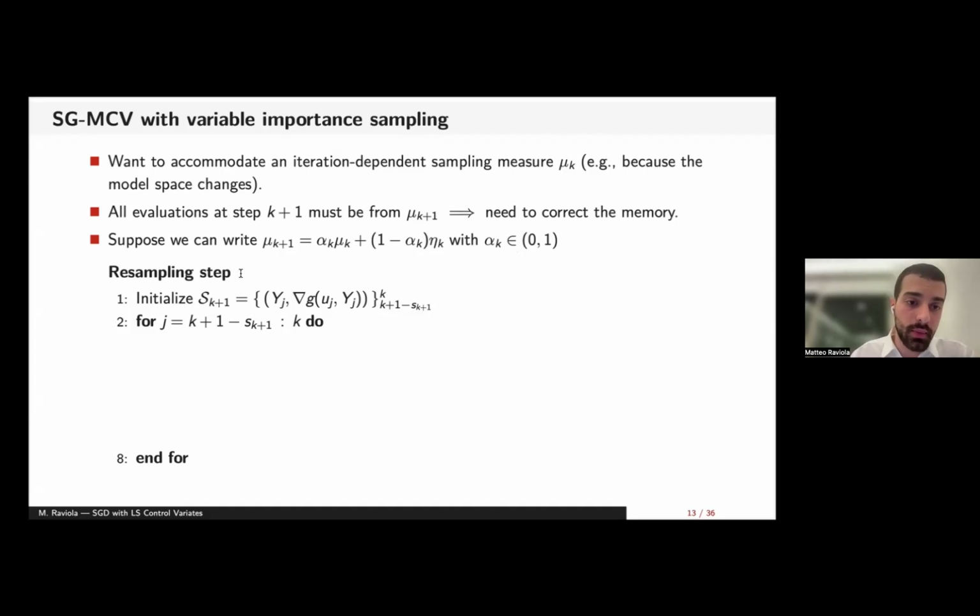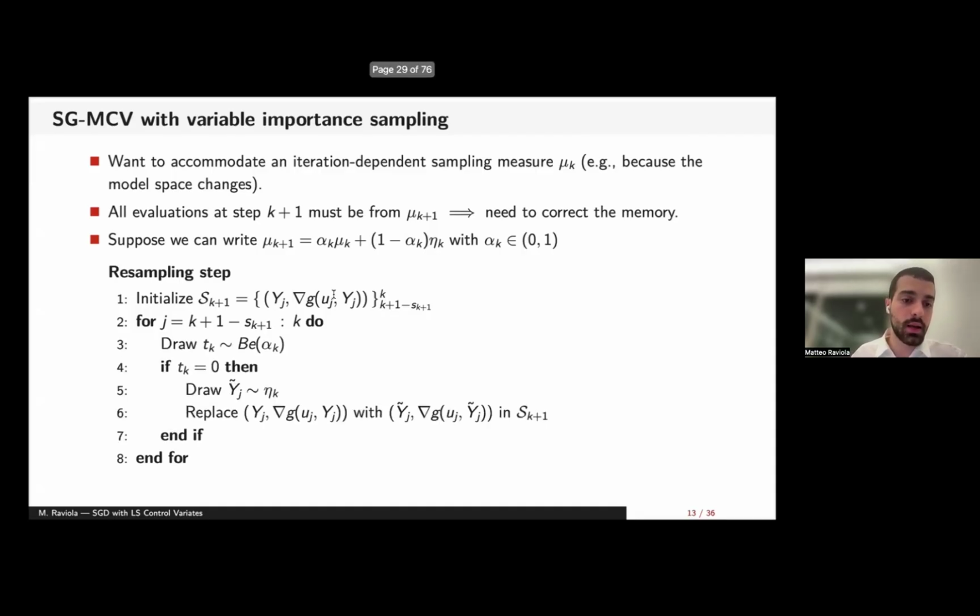We initialize the memory as it's given to us by the previous step. And then we do a sweep over all the elements in the memory, and we draw a Bernoulli according to alpha k. And if the Bernoulli is 0, we essentially redraw that observation.